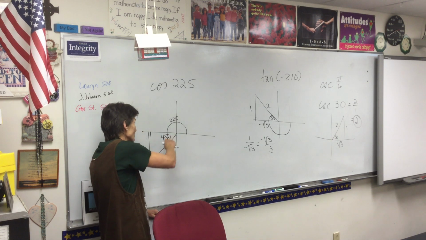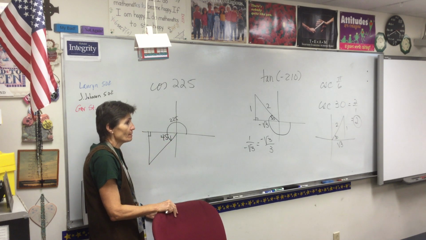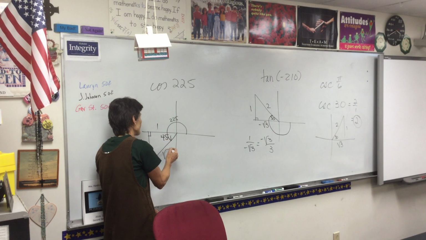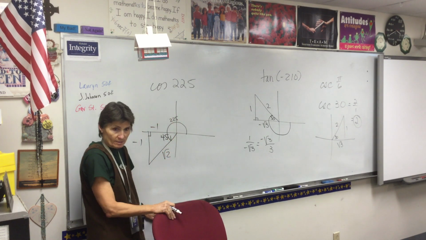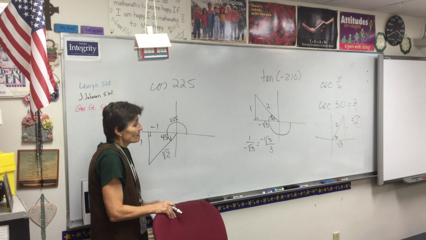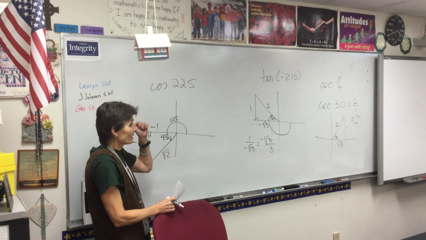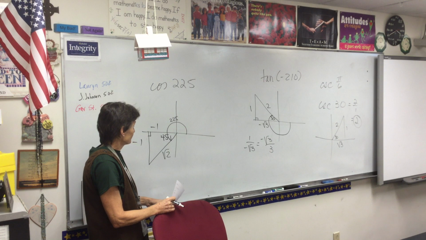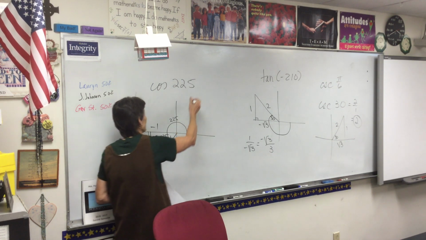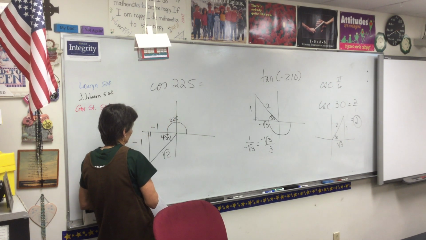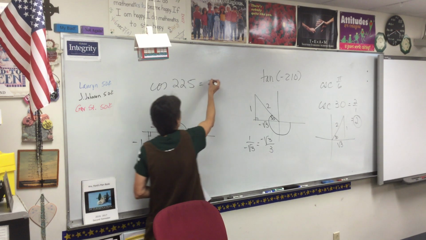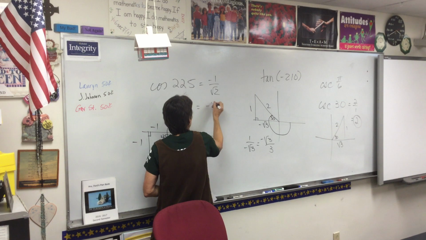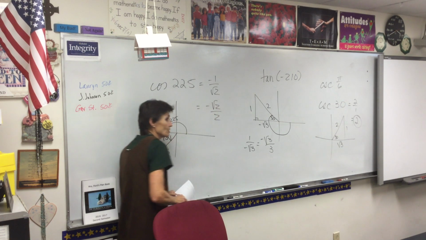We went 45 degrees past 180. So 1, root 2. Is that a negative one? They're both negative ones, right? Because we are left and down. I need cosine. Adjacent. Negative 1 over root 2, or negative root 2 over 2.